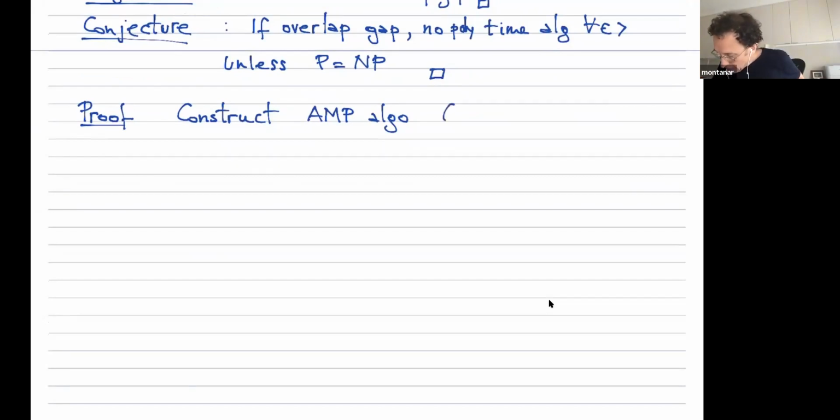So let me write down the structure for SK. The structure will be pretty much the same that we wrote in the last lectures. So for SK, the data consists of a matrix and will be of this form.